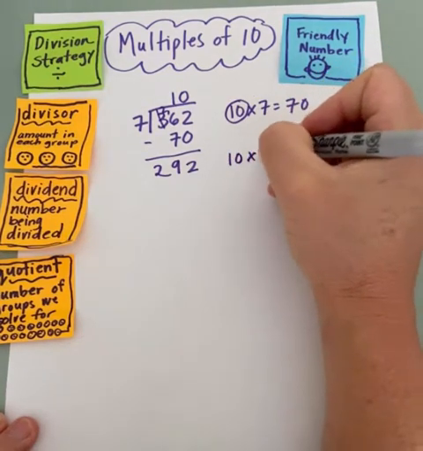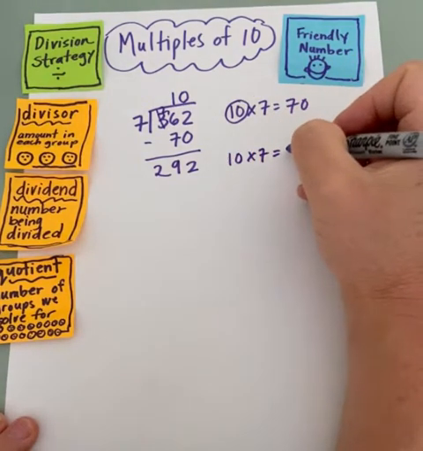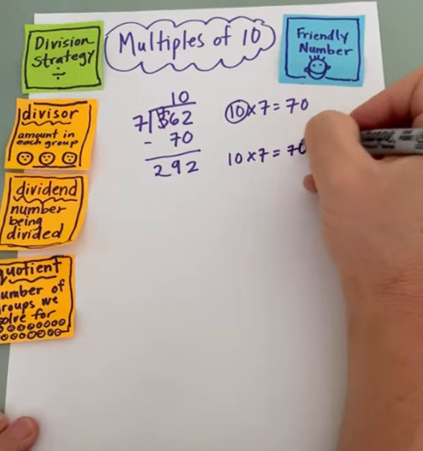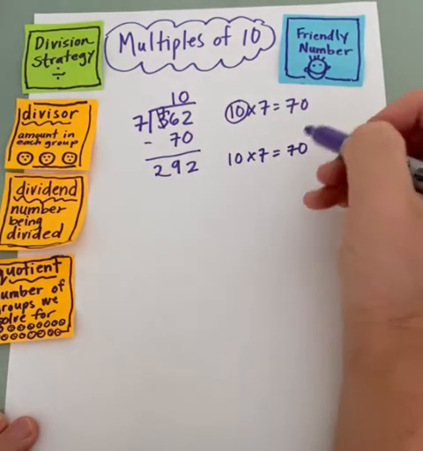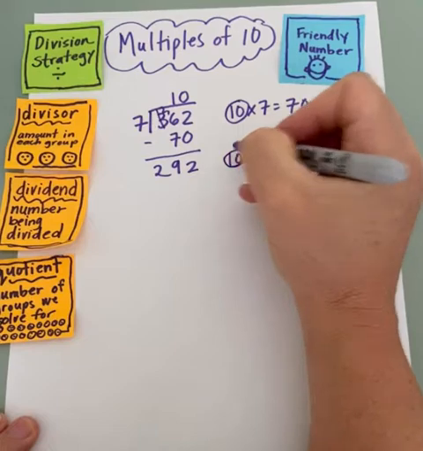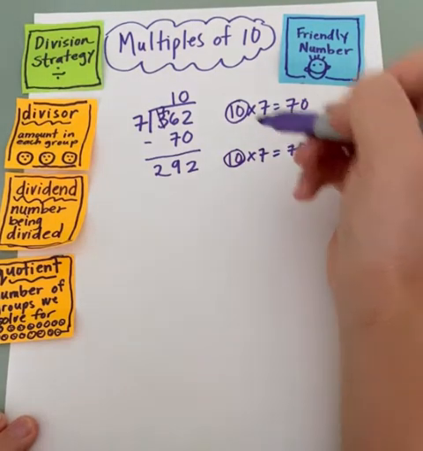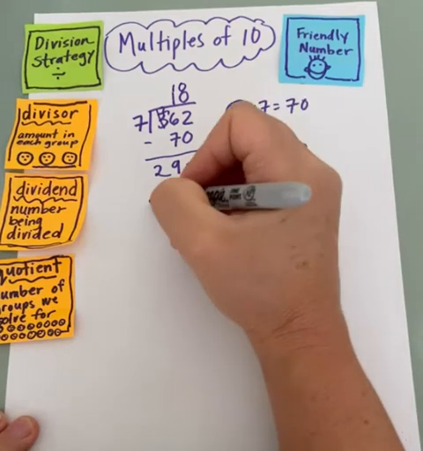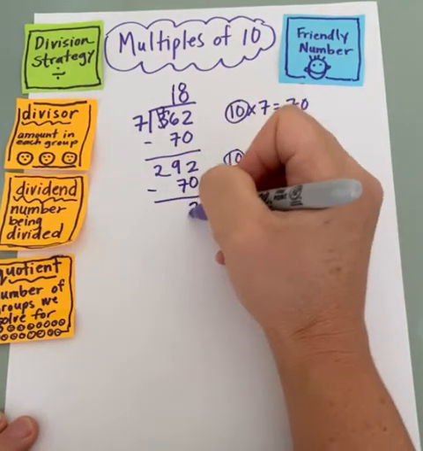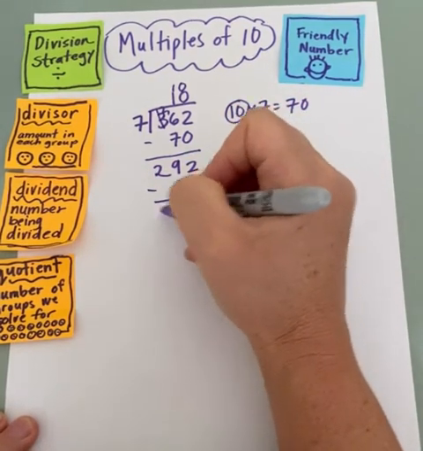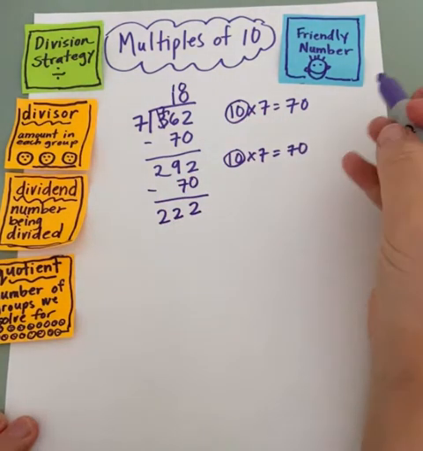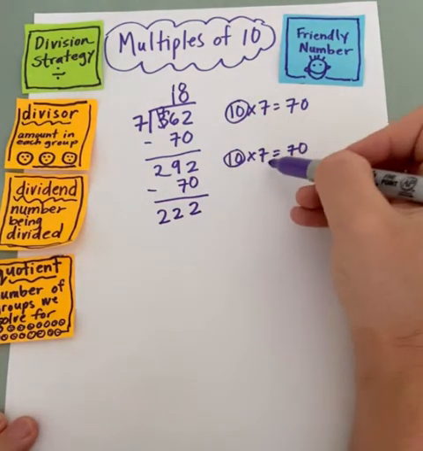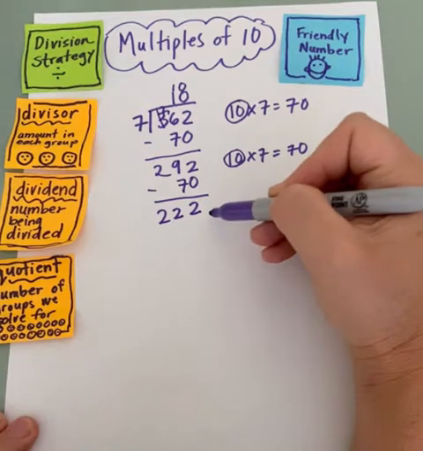So now we have to ask ourselves, are there 10 more groups of 7 in 292? Well, there has to be at least 10 groups of 7 in 292 because it's a much smaller number. So now we're going to take this next 10 groups of 7, place it up here, and subtract 70 from the total. When we do that, we're left with 222. Again, are there another 10 groups of 7 in 222?